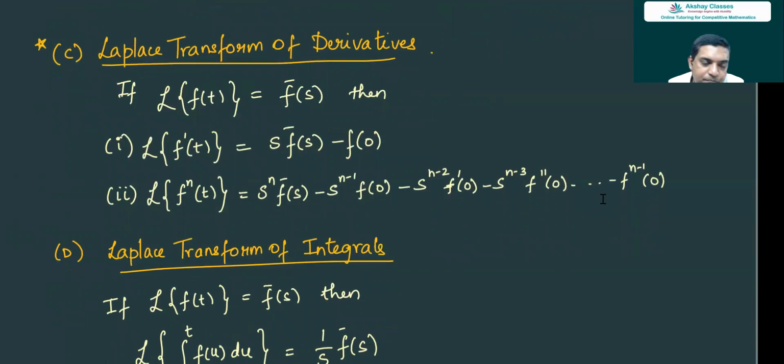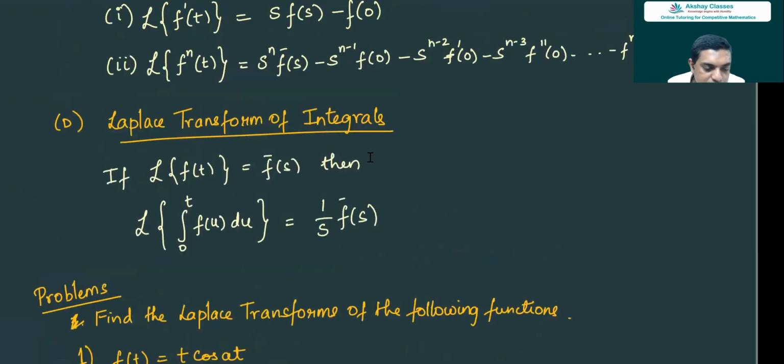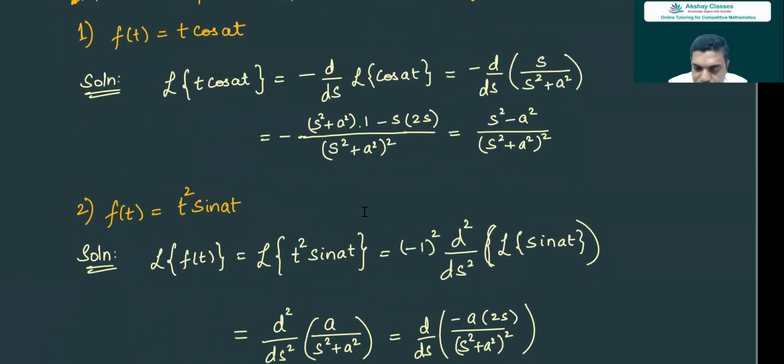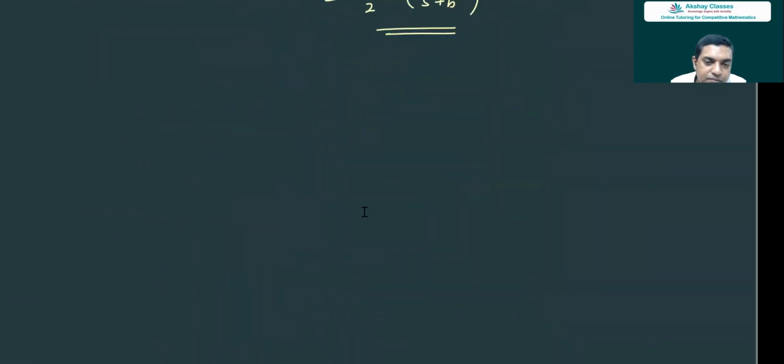So this formula we'll have to remember. The Laplace transform of integrals is 1 by s times the Laplace transform of the original function. So we did a few problems on this, and that's where we stopped.